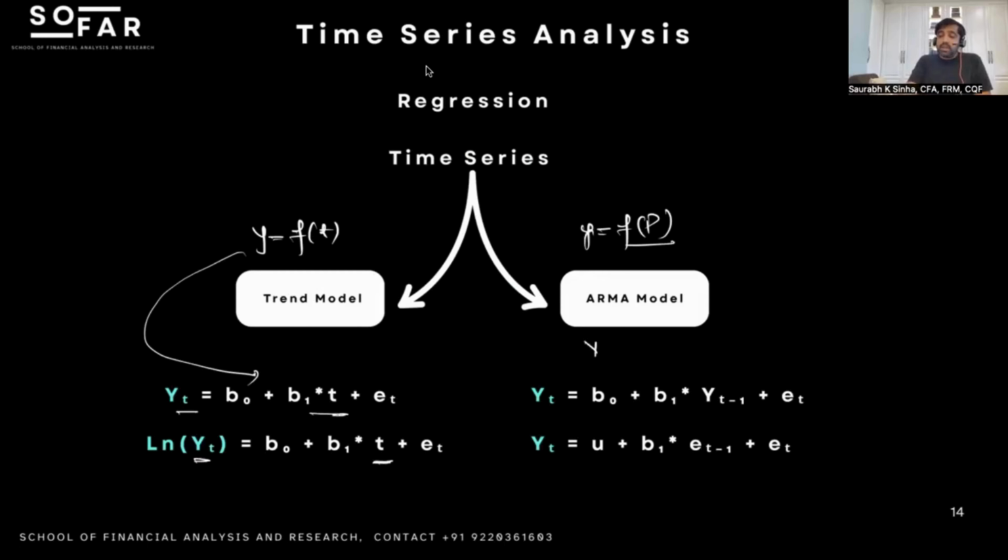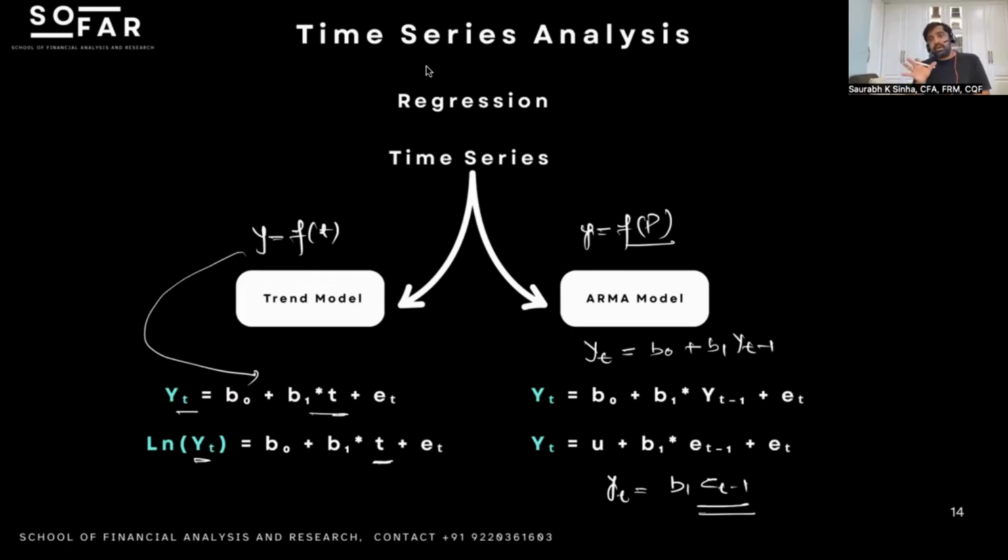But here, yt is dependent upon the past value of yt, the previous value of yt. So your stock price today is dependent upon what happened yesterday. Your interest rate today is dependent upon what happened yesterday or the day before yesterday. Or yt is dependent upon the error in prediction yesterday.